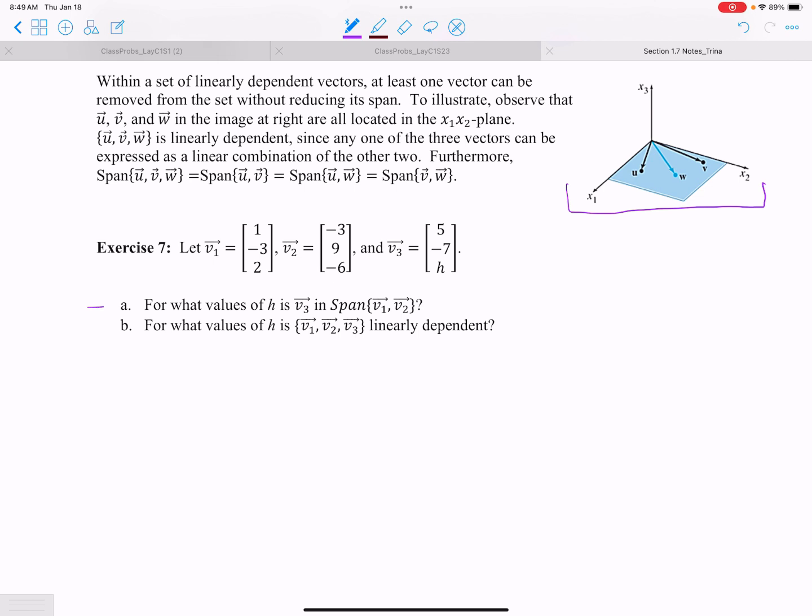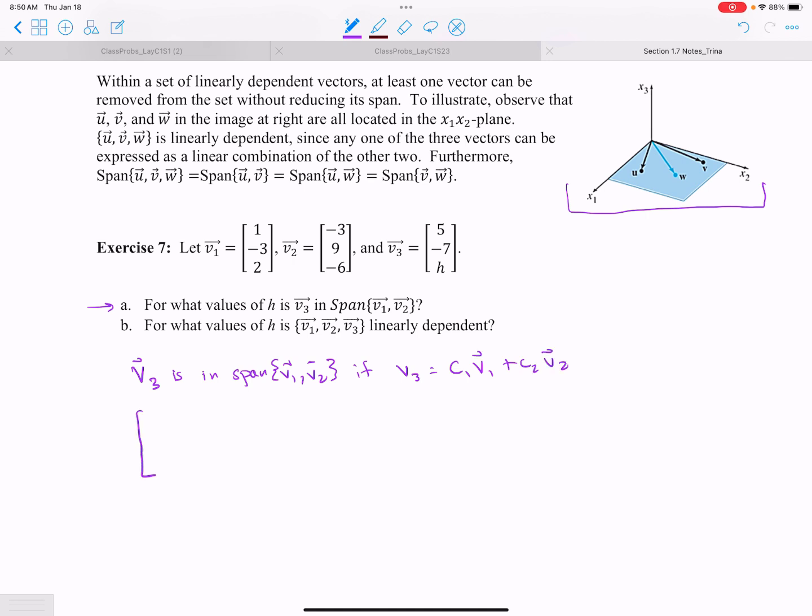All right, I want to know in this question, for what values of H is V3 in the span of V1, V2? Sorry, what does it mean for V3 to be in the span? So V3 is in span of V1, V2 if V3 equals some constant times V1 plus some constant times V2.